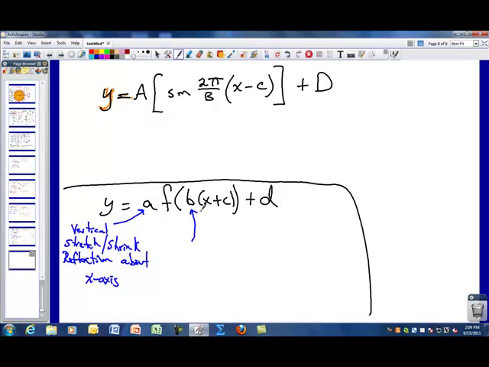This one right here, the B, on the inside of the parentheses, this is function notation, by the way. This f is function notation. This B talks about horizontal stretch or shrink. That's like the accordion effect that we talk about. And that's dealing with the reflection about the y-axis.